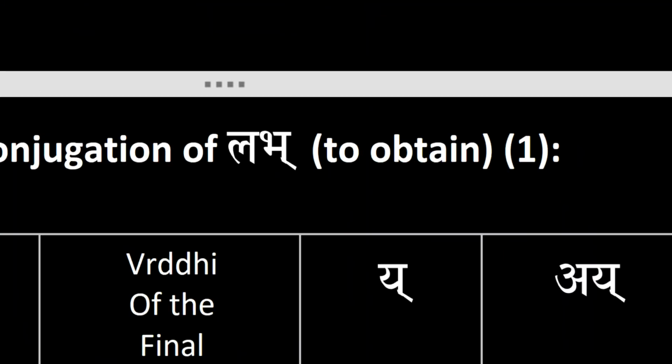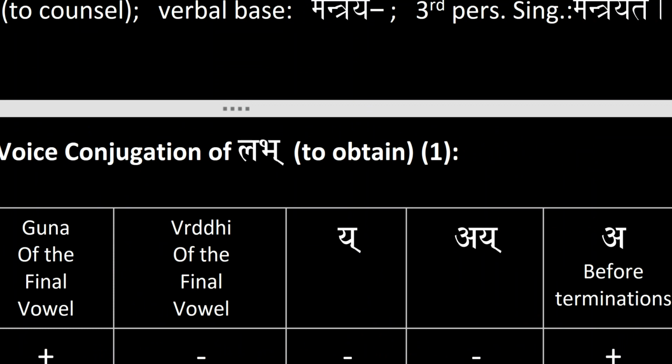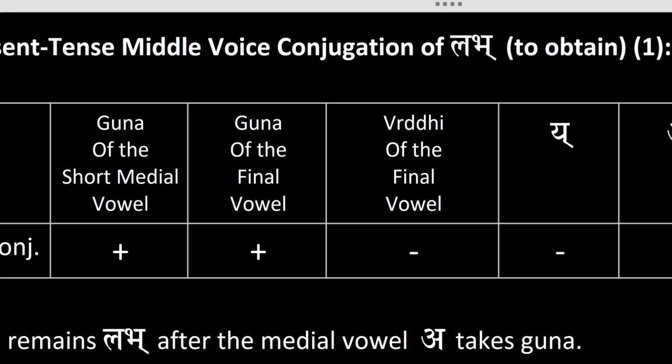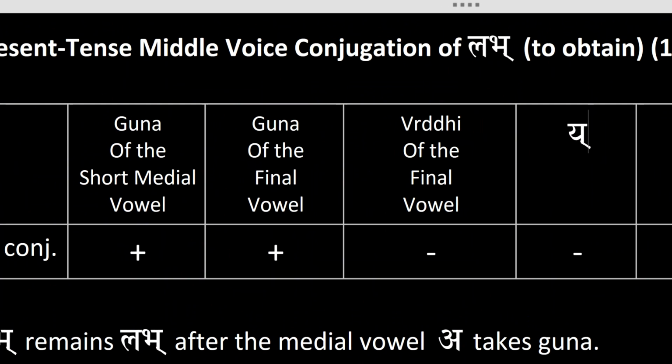So, if we take a look at labh, to obtain, our verbal root right now does not have a final vowel. You have bha with a halant, so there's no vowel there at the end of that last letter, bha. But there is a vowel in between la and bha, and that is the a that fulfills the la. So the a is going to be your medial vowel, and the short medial vowel takes guna.